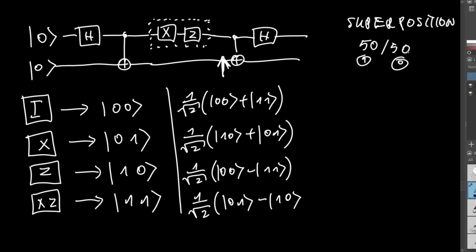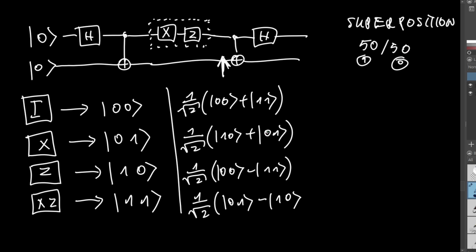We can actually see that. We can put lasers, photons, and a mirror, and see that with a 50-50 chance we're going to have a photon in one place or another. So it's easy. We have superposition, but what about the phase, the Z gate?